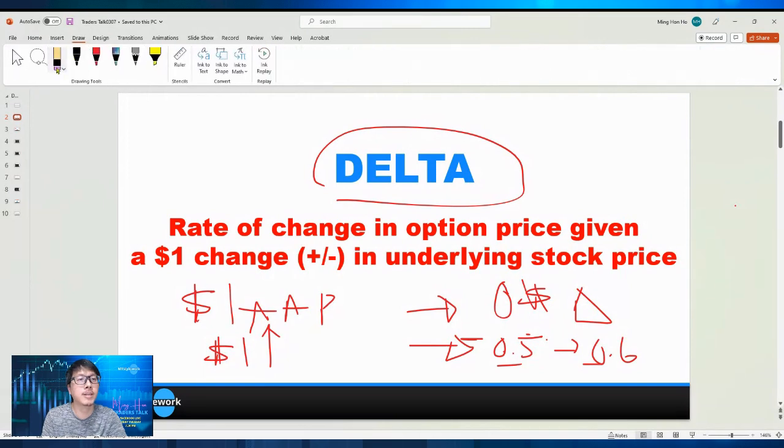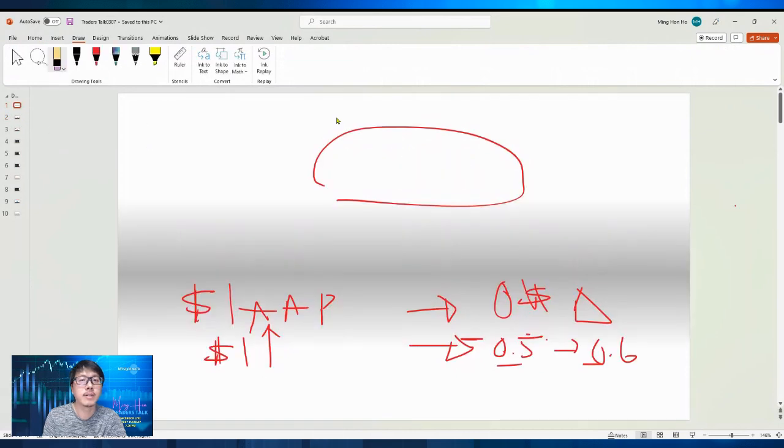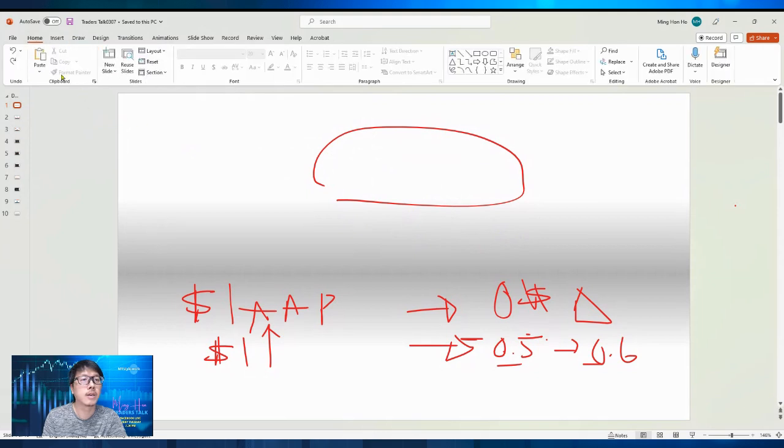Anyone can help? Erase. Is this permanent?